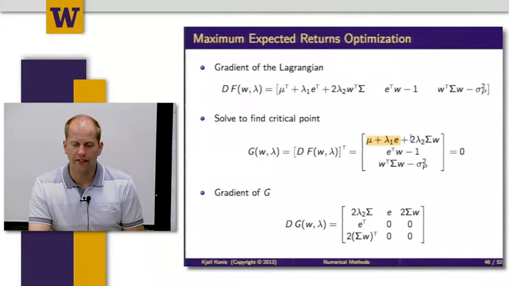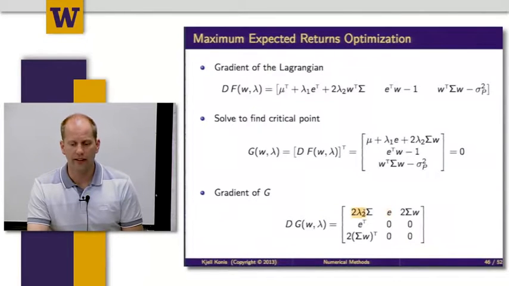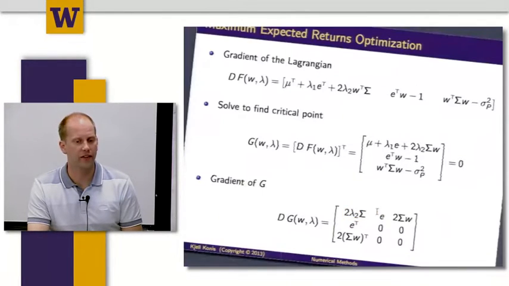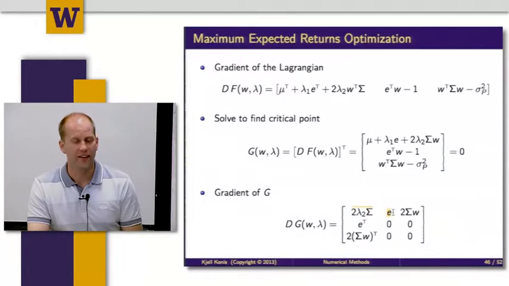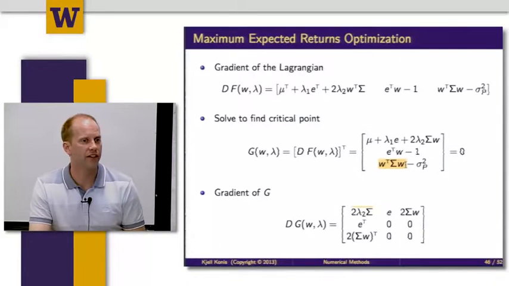Then when I take the derivative of this with respect to lambda 1, I'm just going to get E. So that E is going to go here, except remember E is this column vector of n ones. So at least the dimensions match up. This has n rows. This has n rows. And then we've also talked about taking the derivative of a quadratic form.